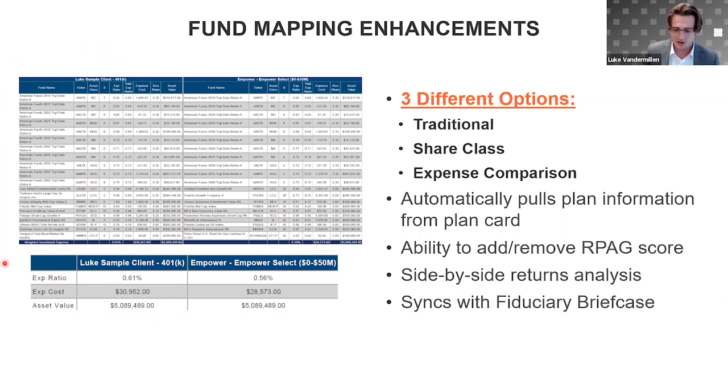You can see the client's in the American Fund A shares there. We have all the expense and revenue sharing, as well as the RPAG score for the fund. On the right-hand side are proposed investment changes to the investment lineup here.